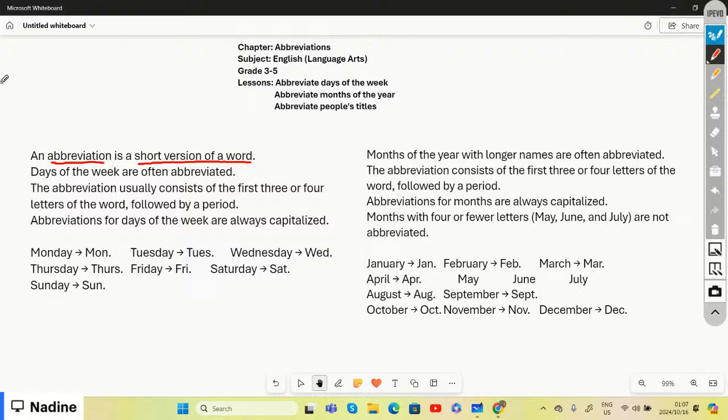So now when we abbreviate the days of the week, because the days of the week are often abbreviated, the abbreviation usually consists of the first three or four letters of a word.